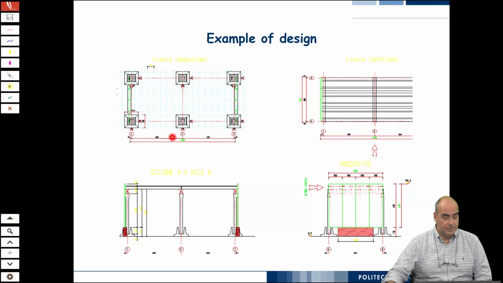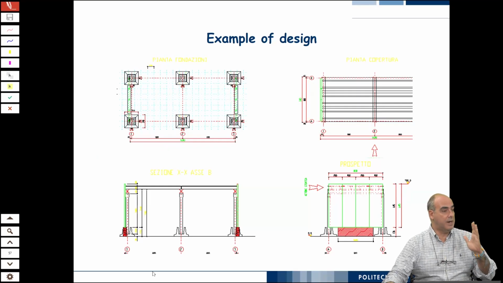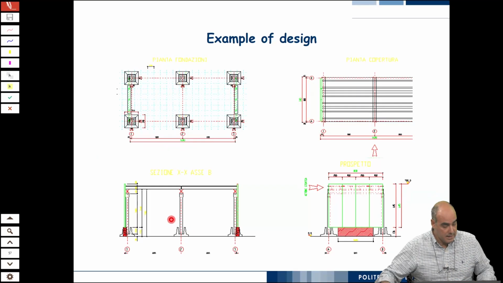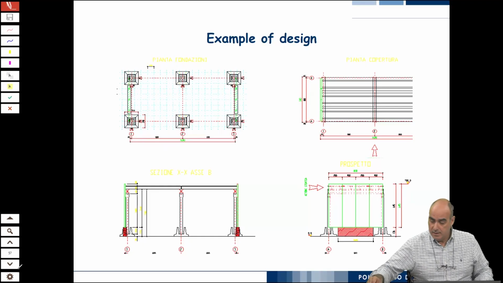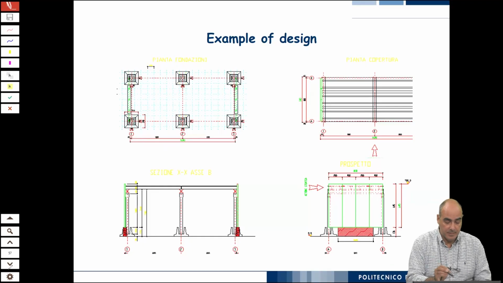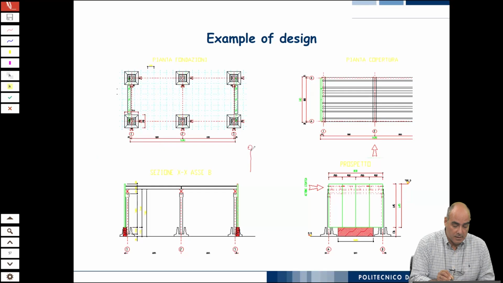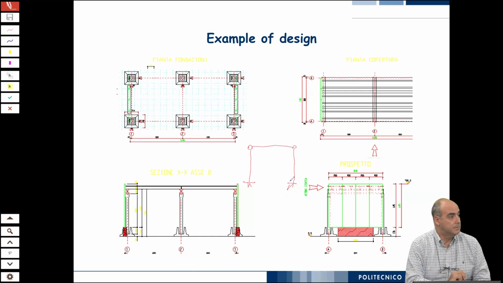So we had, you see, a structure which had beams in this direction here. So they were like 3 parallel frames, and the frame worked like this.